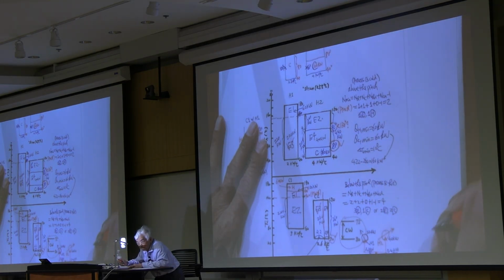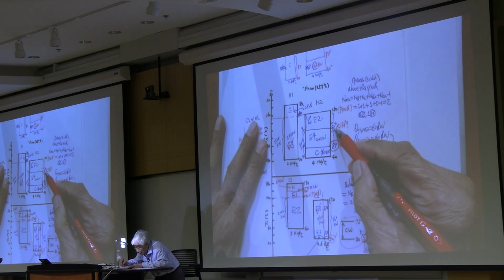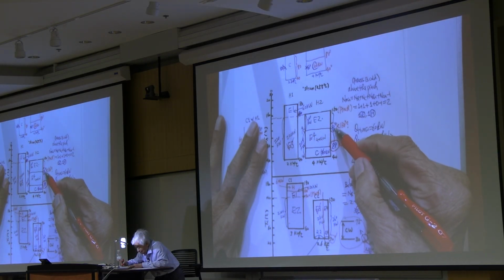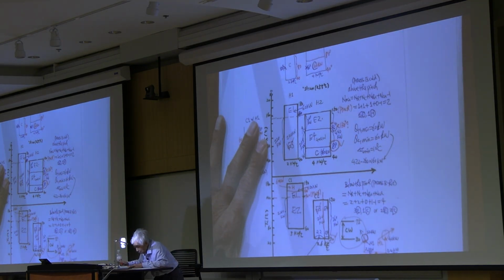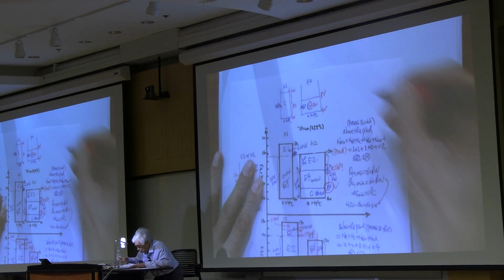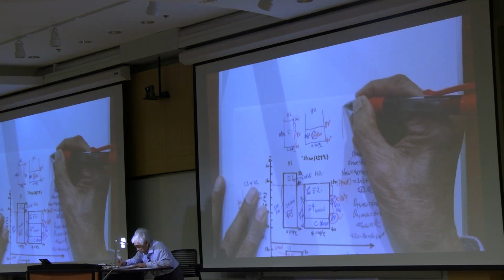Don't give up. If you have one delta TB violation, you apply the same trick. How? Let's draw the top.